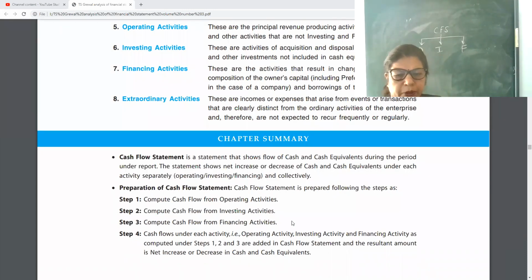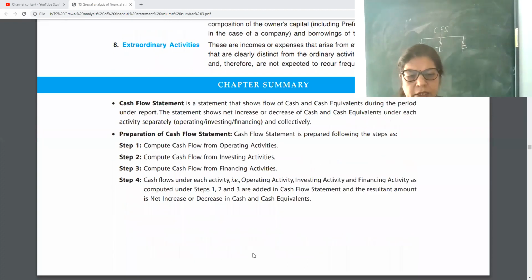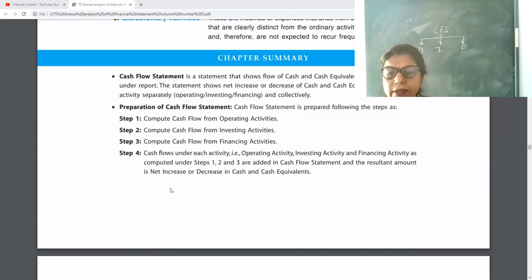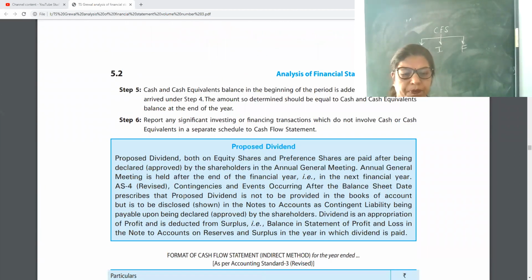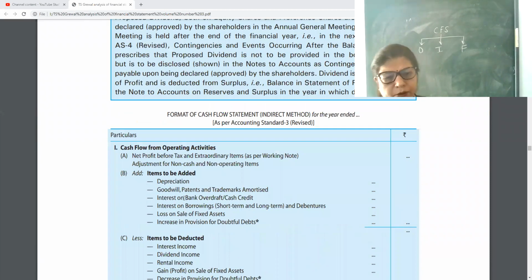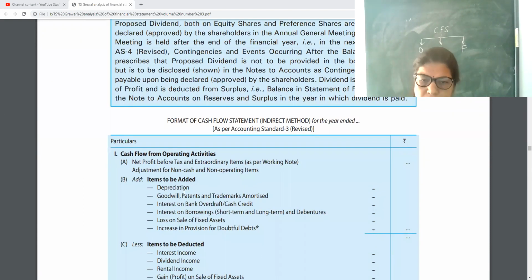Cash flow statement is classified in three activities: operating, investing, and financing. And the last step is to calculate, as I told you, net increase or decrease in cash and cash equivalent. So first activity, please note down the format in your course.